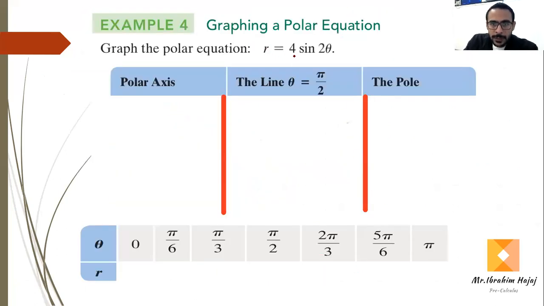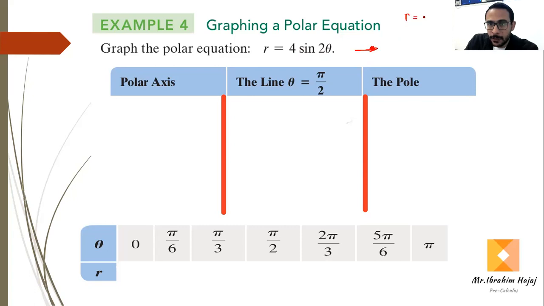Example 4, r equals 4 sine 2 theta. Who can answer this question? Who can tell me, is it a limaçon, a cardioid, a rose, a circle, or a line? This one is r equals a sine n theta.